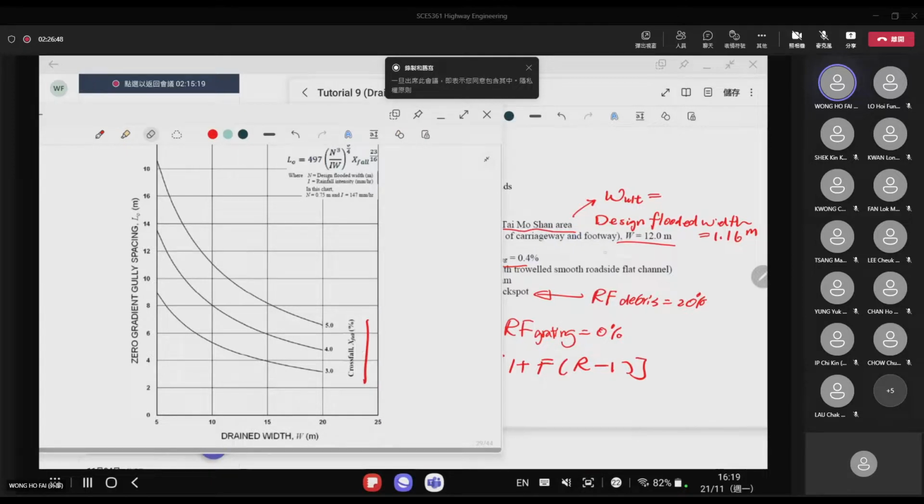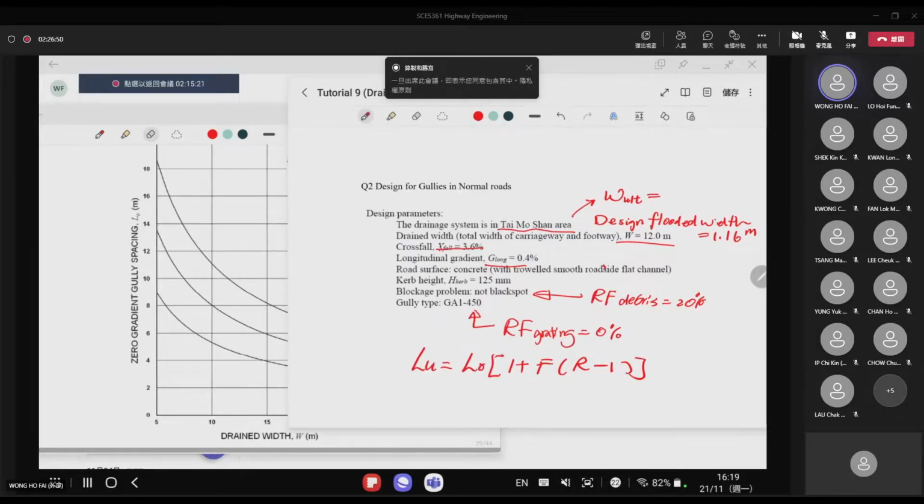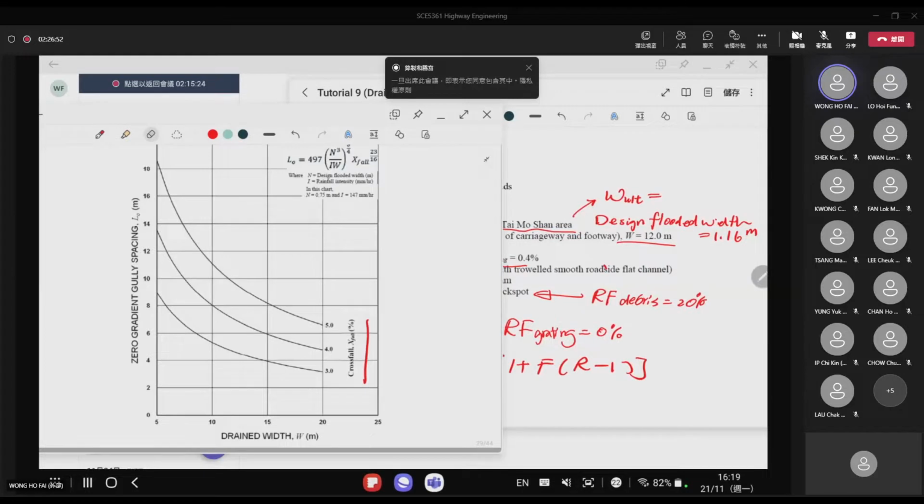Then the cross fall will be equal to 3.6, so around 3.6 is something like that. And then the jointed width is around equal to 12. It's around the value, okay?